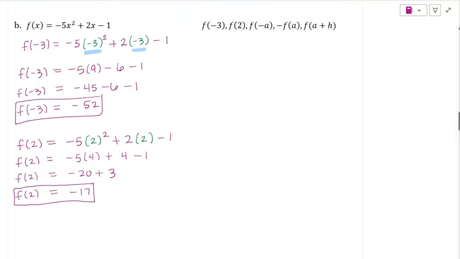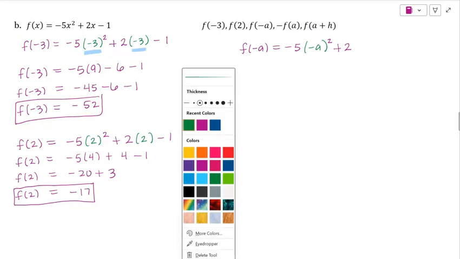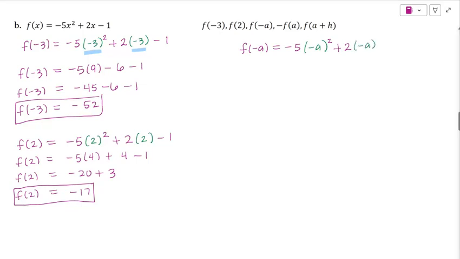Next, what we'll do is plug in negative a in the place of x. So I have negative 5, and then I'll put negative a, the quantity squared, right? The negative gets squared as well, plus 2 times negative a minus 1.